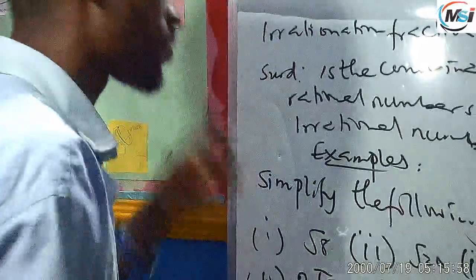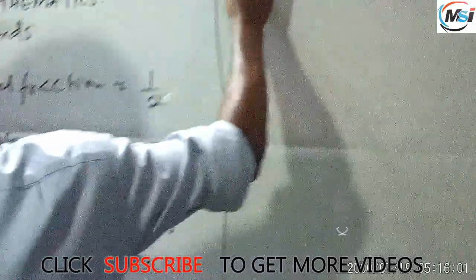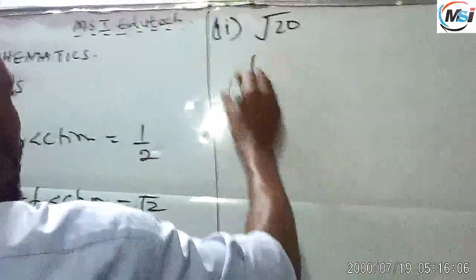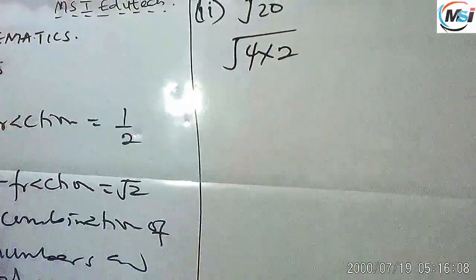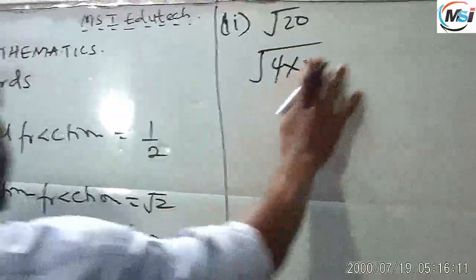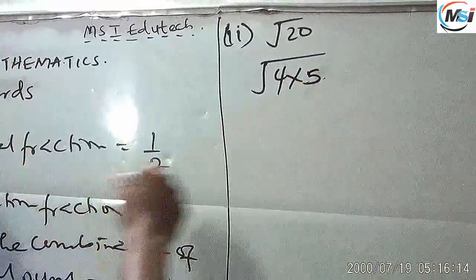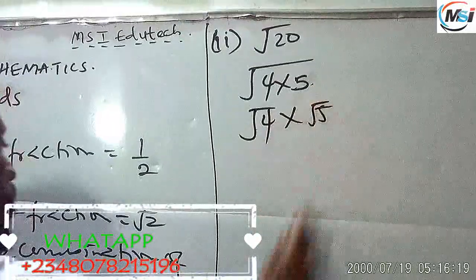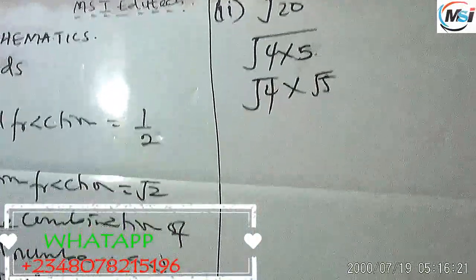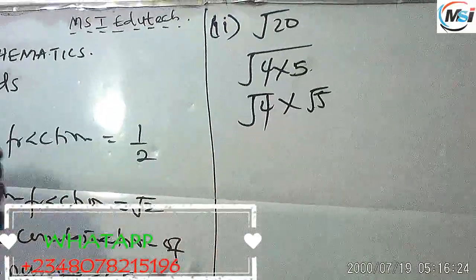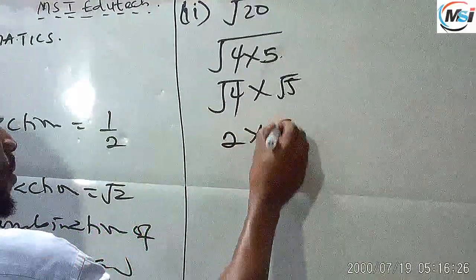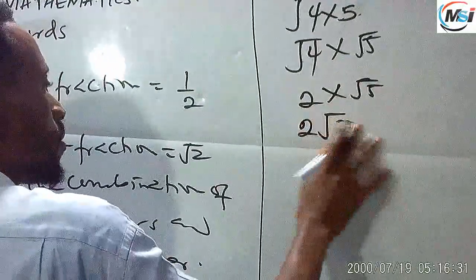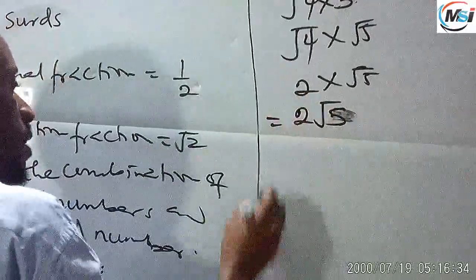If we consider the second question, which is √20, then 4 times 5 will give me 20. If we split it, we have √4 times √5. So we are trying to simplify this. The root of 4 will give me 2, while that of 5 is not exact. So I have 2√5.